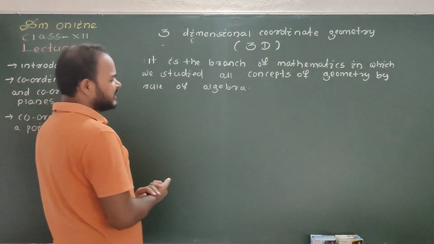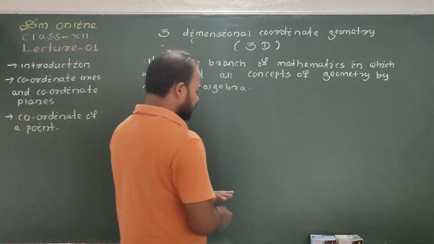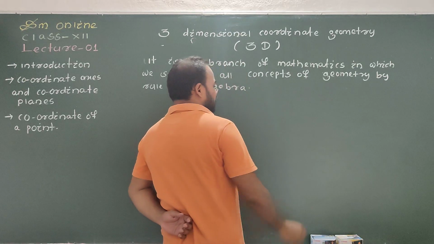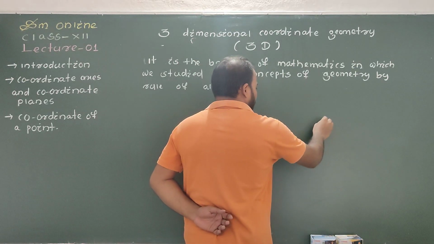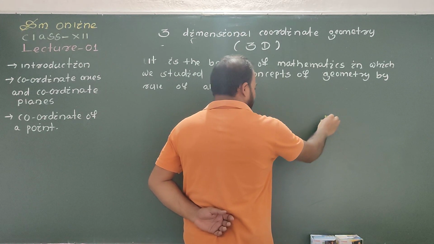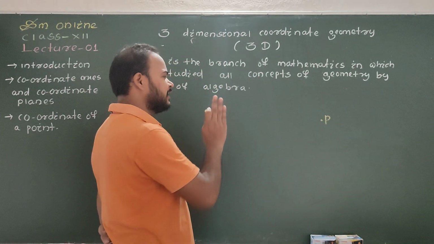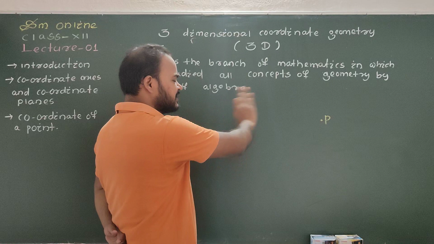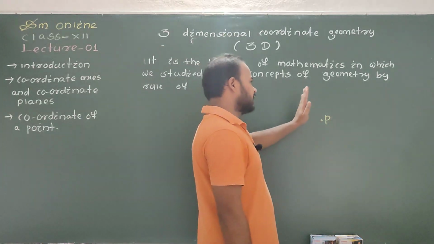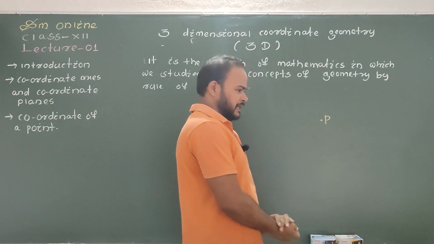So why do we need 3D? First thing is that the position of the point P can be determined on this plane. Let us say this green board is a plane.